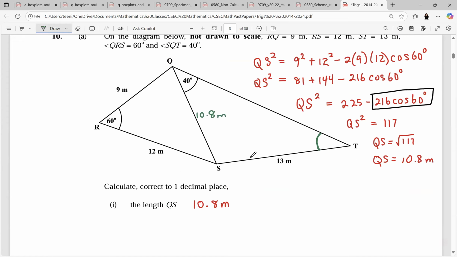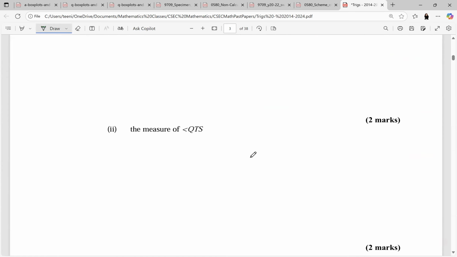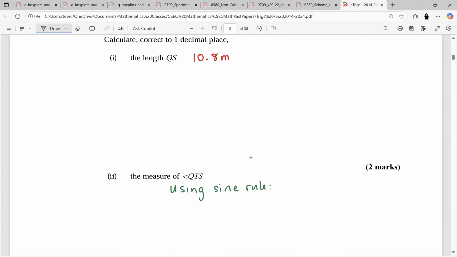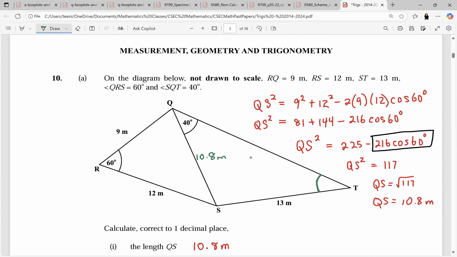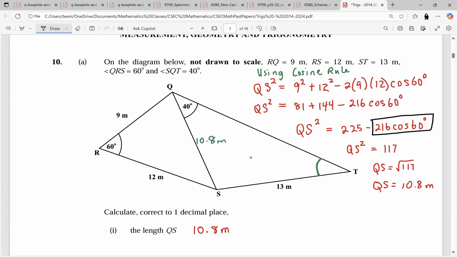You need to make sure you say you're using the sine rule to start your solution, so that we know which rule you're using. I should have actually written using cosine rule up here, just so that you let your marker know which rule you're using. Otherwise these things would just be arbitrary.